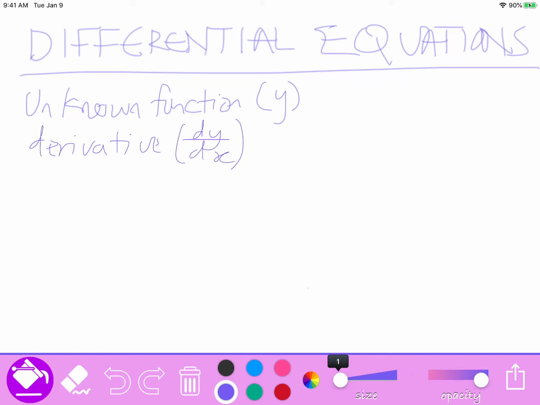For example, dy/dx is equal to 5x plus 3. So the equation that I've written here is an example of an ordinary differential equation, ODE. And what is an ordinary differential equation?